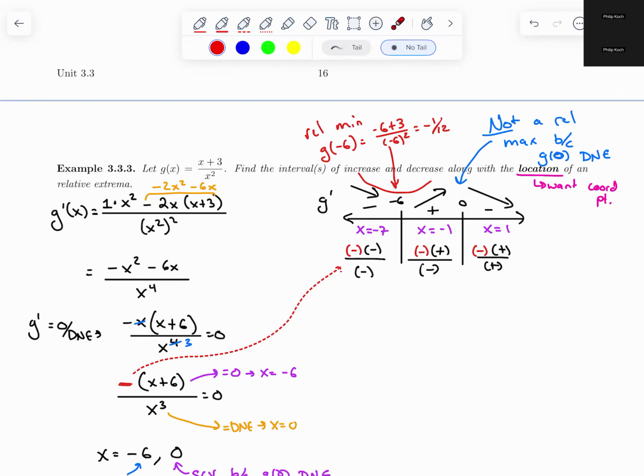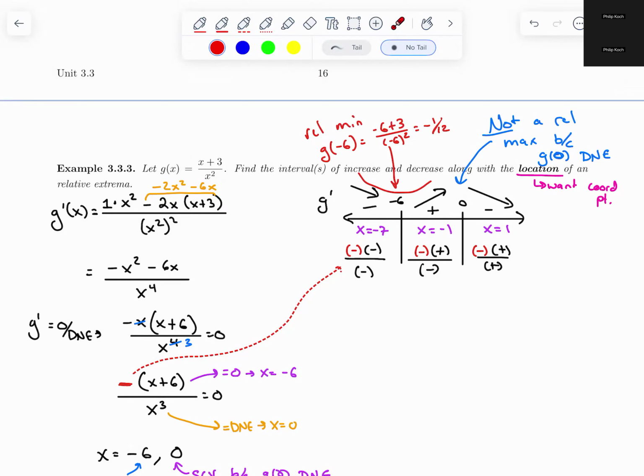You'll see that if you plug it into g prime, you get 0, which is not surprising, that's where the derivative equals 0. Normally you don't need to write what I've written in red. You can just write g of -6 equals -1/12, but I'm doing it here to remind us that you need to be careful about it. Is it really? Yeah, it's -1/12.